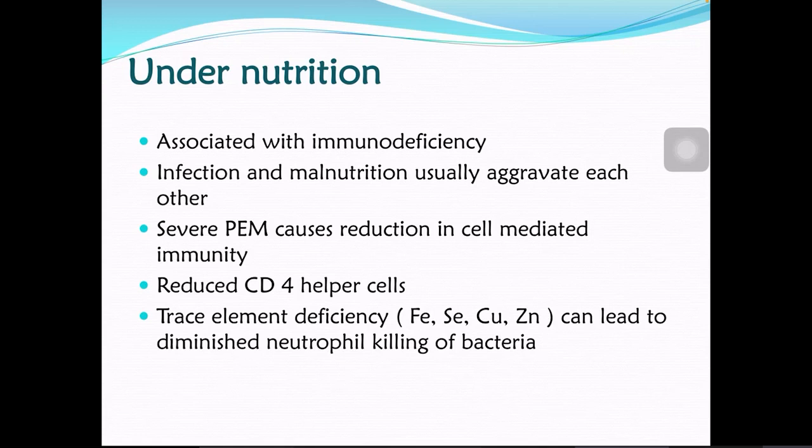And when you have deficiency of iron, selenium, copper, and zinc, this can lead to diminished neutrophil killing. So undernutrition is another entity that you need to be concerned about. I'm sure some of you have seen patients who are admitted with severe acute malnutrition. So such patients could be at risk of infection.